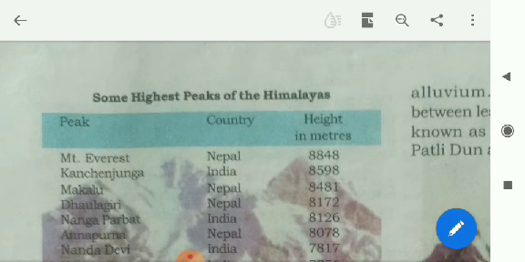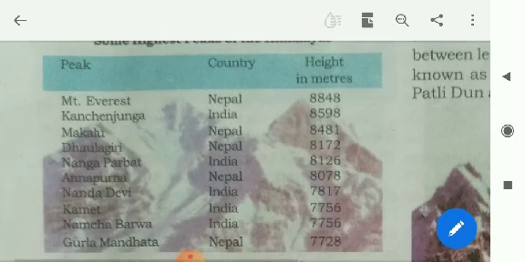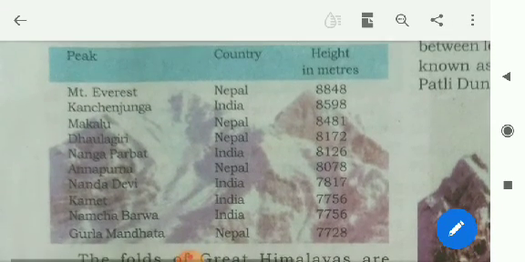Some highest peaks of the Himalayas we shall see here. Mount Everest, located in Nepal. This is the highest mountain peak in the world. Its peak is 8,848 meters.